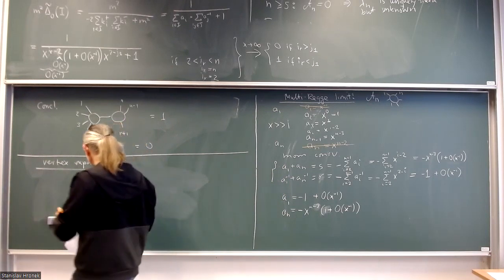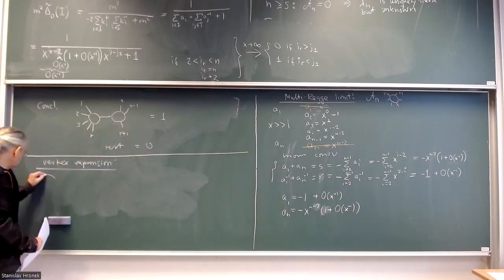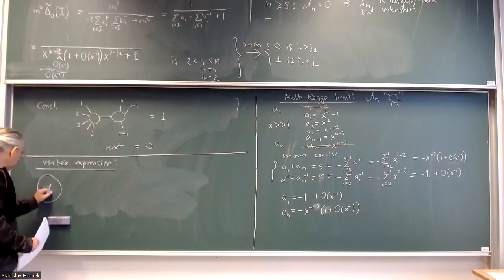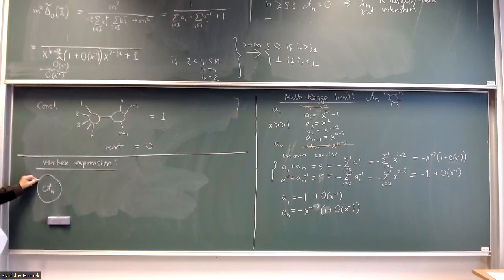So the idea is that we take an n-diagram and we assume that we have, what's the word, a distinguished leg here, which we'll call 1.